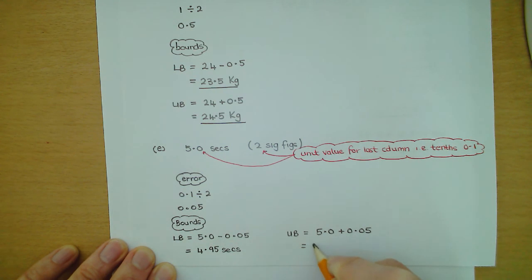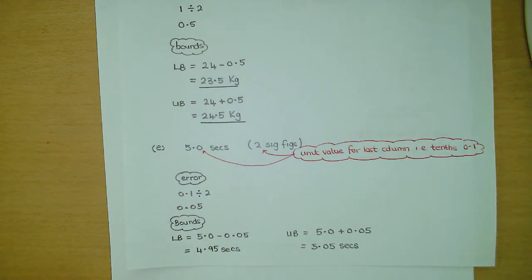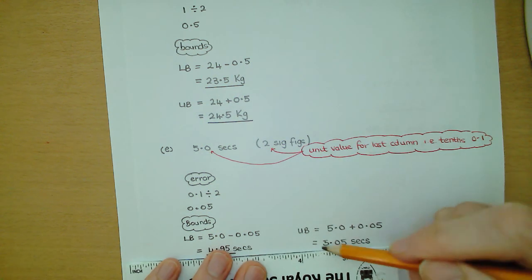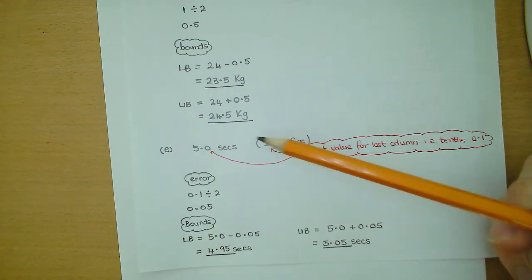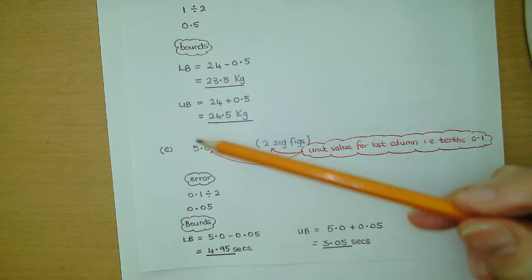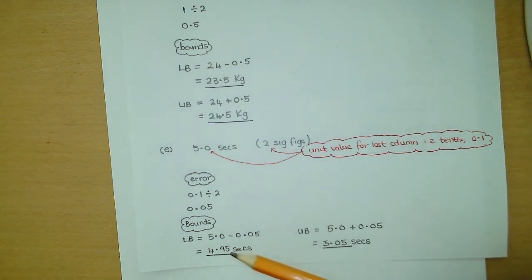So that's going to give us 5.05 seconds. And those are the bounds for part E. So in other words, before the actual value was rounded, the actual value must have been somewhere between 4.95 seconds and 5.05 seconds inclusive.